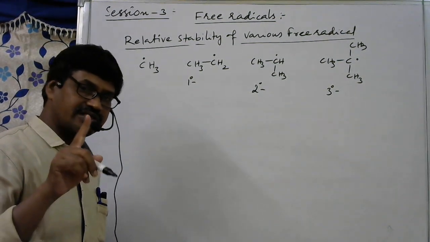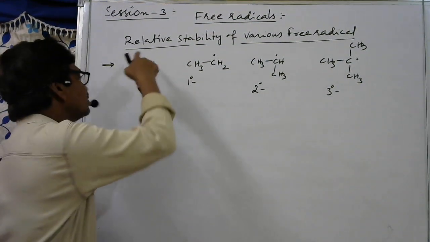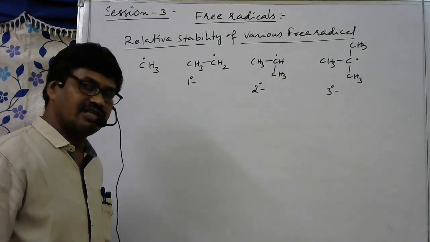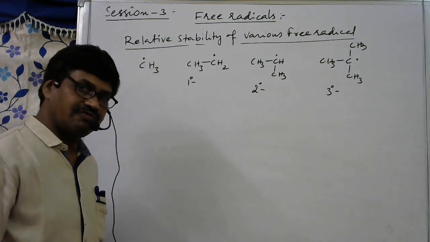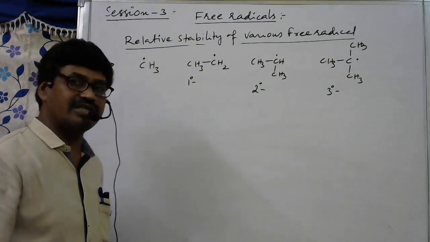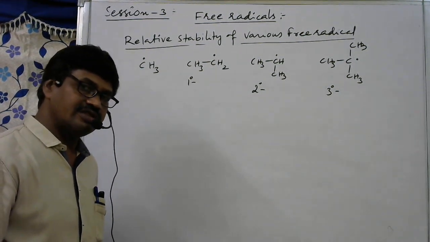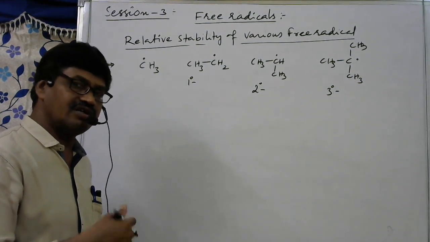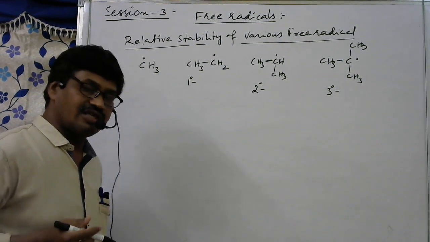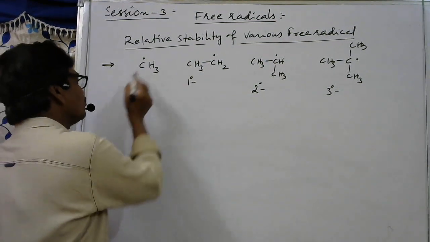Each bond carries 2 electrons, so total number of electrons becomes 6. Along with this free electron, or single electron, 7. So if electron density increases, it will get stability. If an electron releasing group is present on that carbon free radical, it will get stability. So here a methyl group is present.